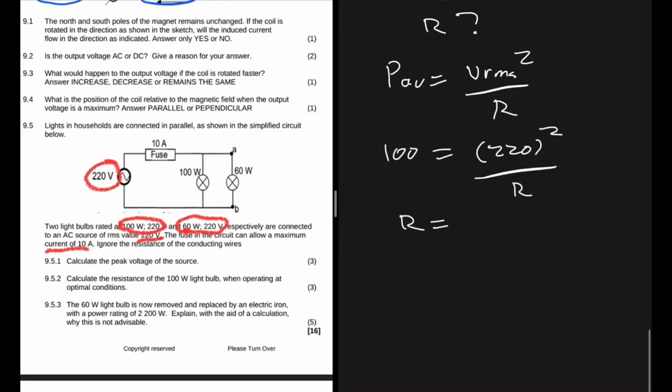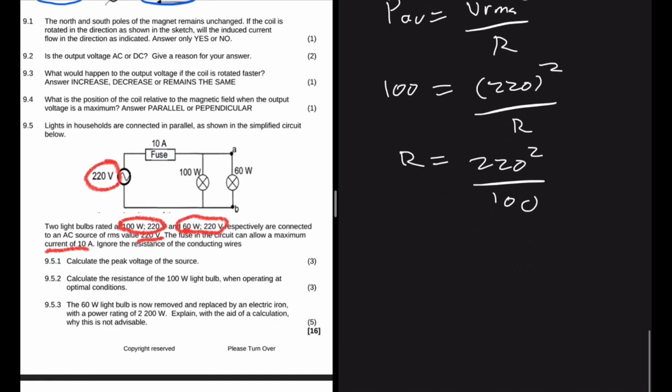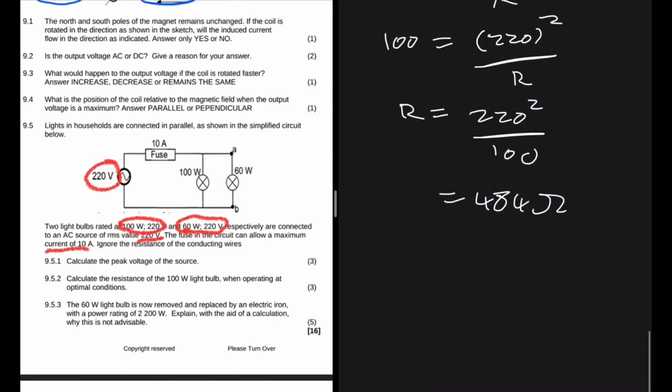So the resistance will be 220 squared divided by 100. Let me punch that in my calculator real quick. That gives me a value of 484 ohms. And yeah, I think that's all.